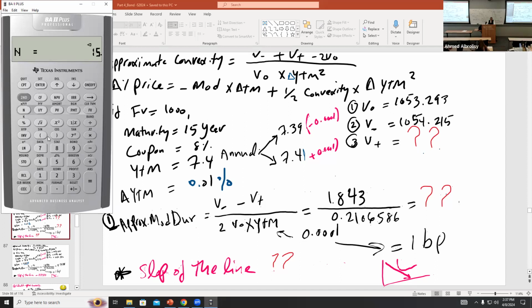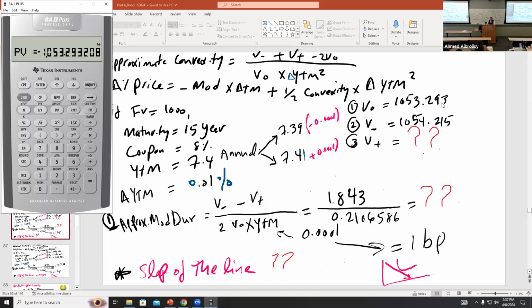That's N. The coupon rate is 8%, so the coupon payment is $80. And 7.4 is the IY. And compute present value. So the present value at V naught at the start is 1,053.293.